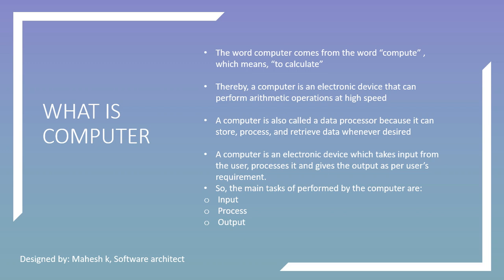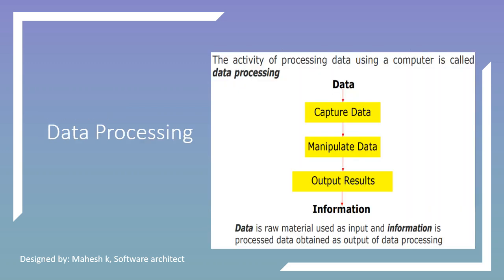The computer memory records it and does some calculation inside the process step, and then after processing it displays the result on the monitor, that is the output. These are the three major steps in computer execution. Let's move to the next slide and understand what we have next.